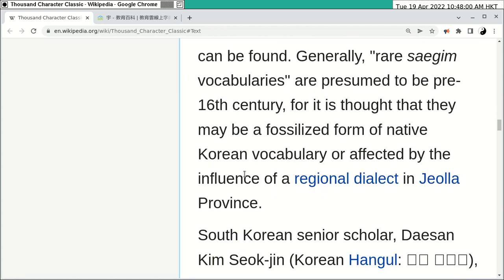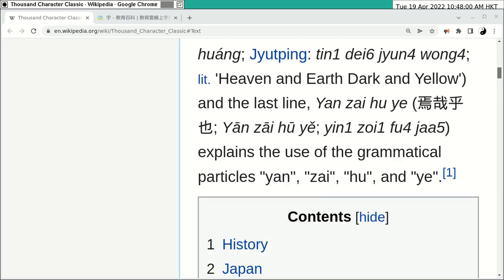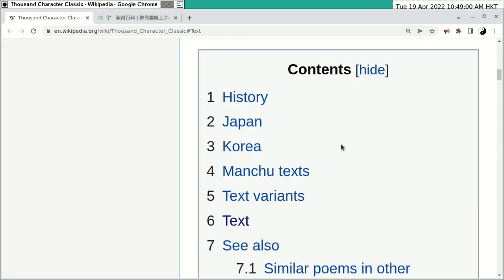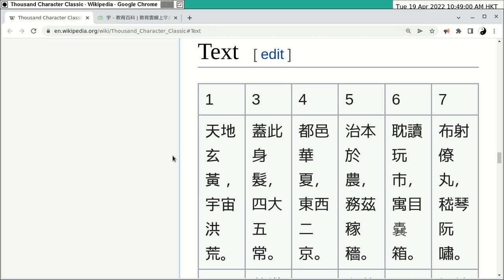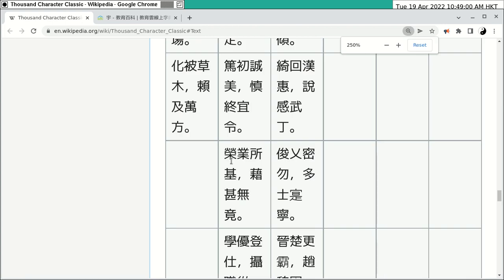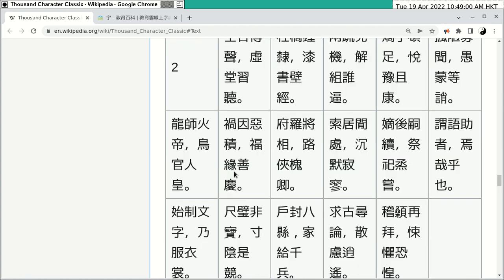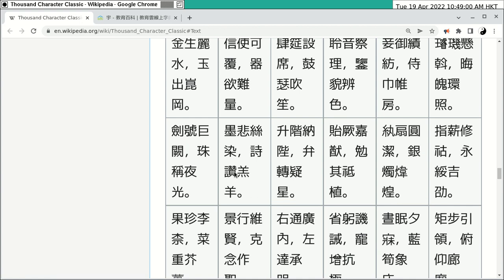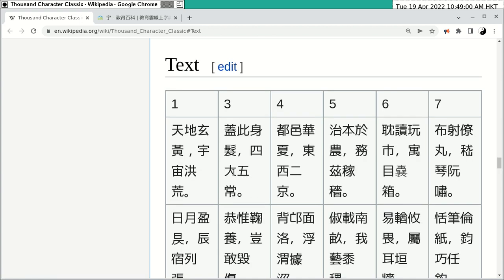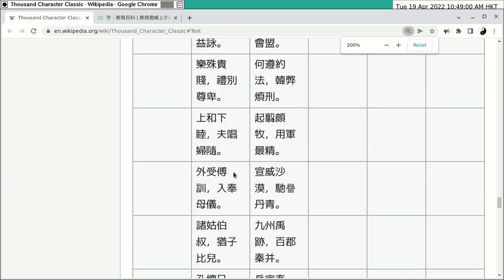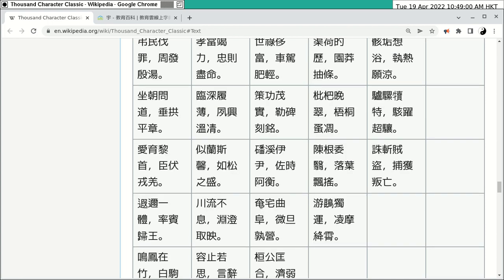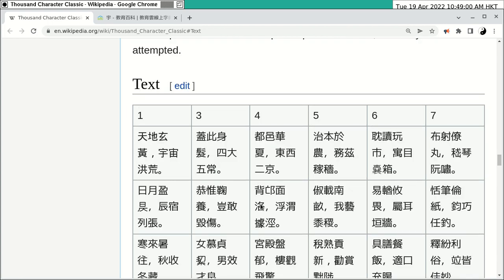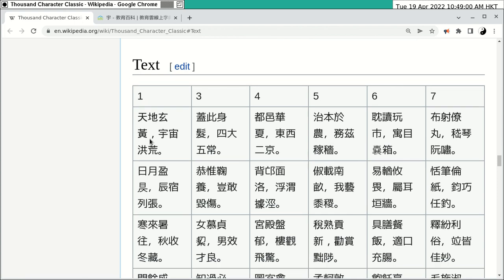Yeah, we find it again. Yeah, they're too big. I think, no, but this Firefox seems better. But anyway, we are here. 天地玄黄，宇宙洪荒. We are somewhat here.